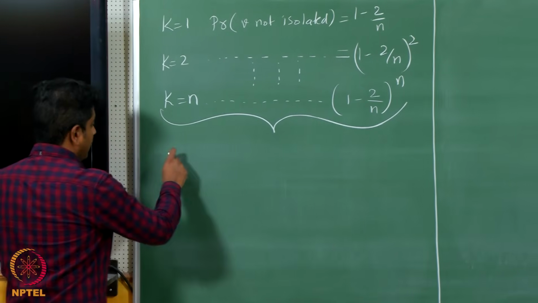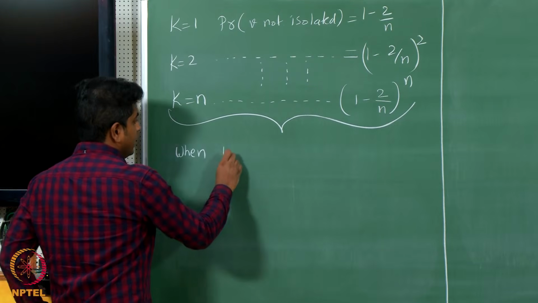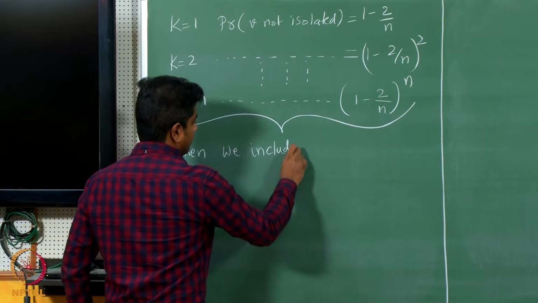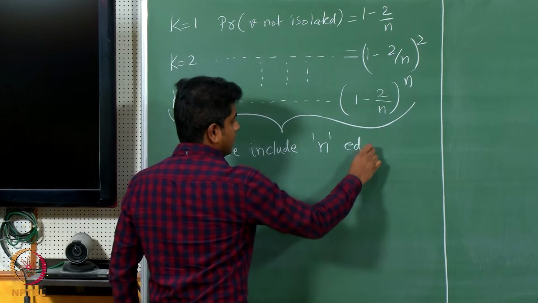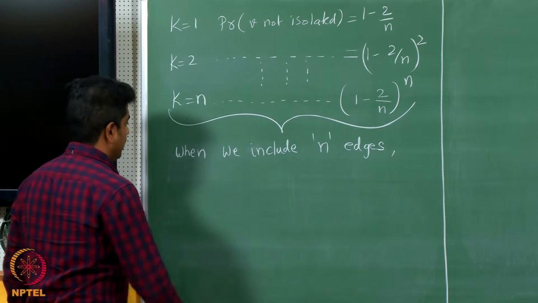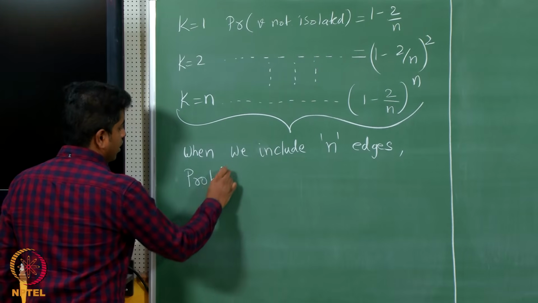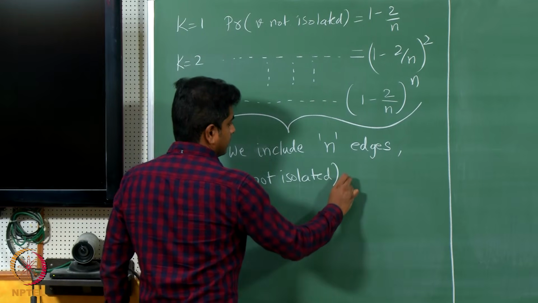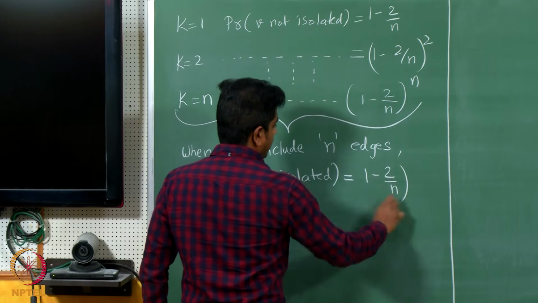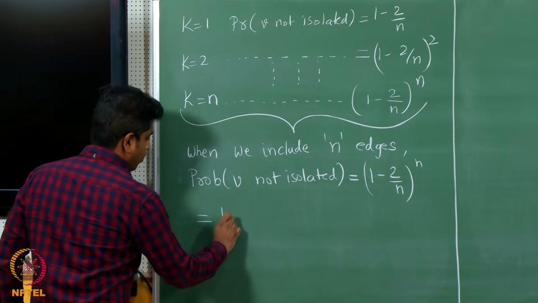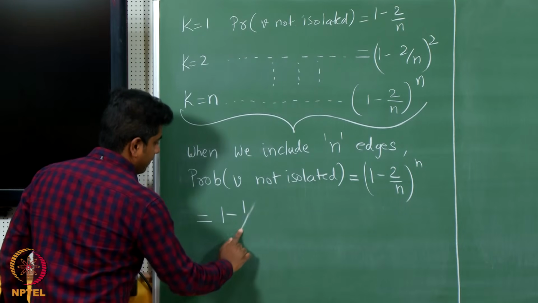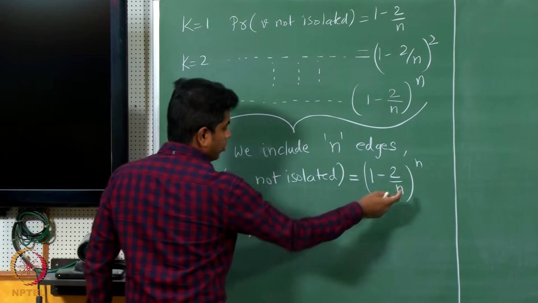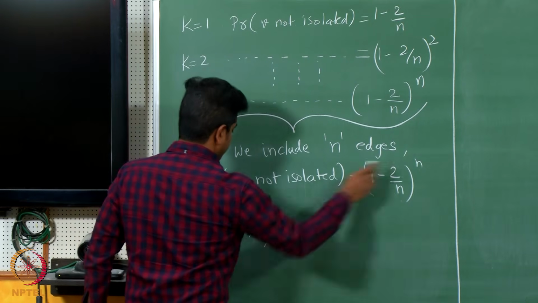Observe this. What am I saying? When we include n edges, which means k equals n, the probability of V not being isolated is (1 - 2/n)^n, which is (1 - 1/(n/2))^n, where the 2 goes down and becomes n by 2.